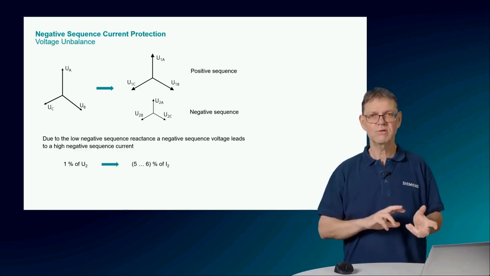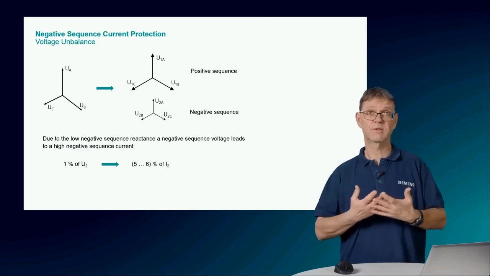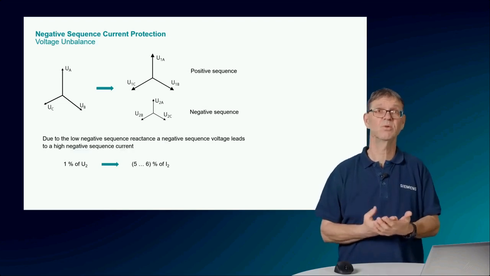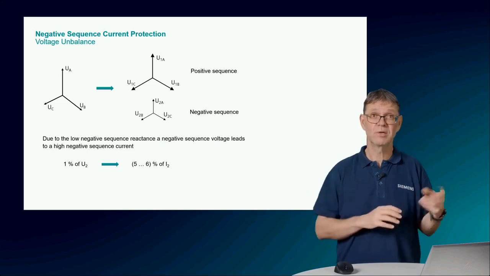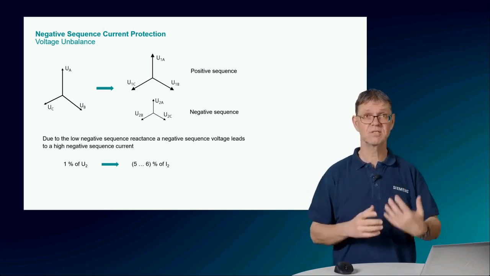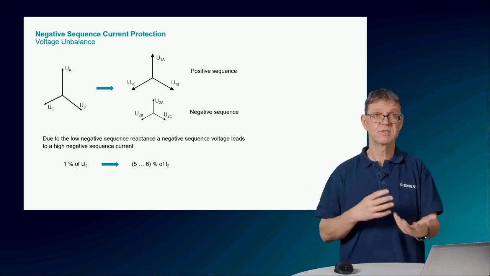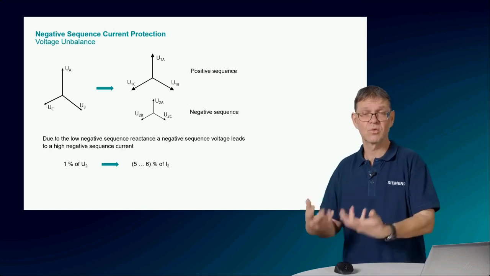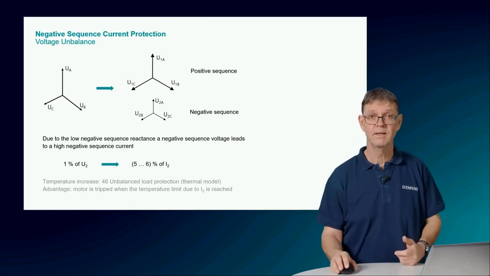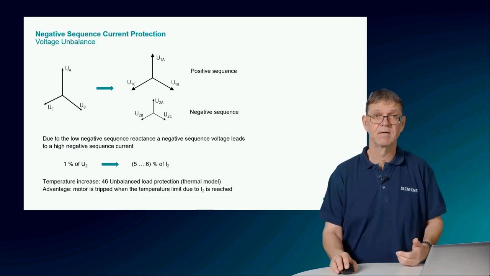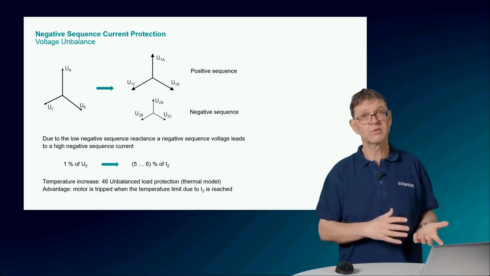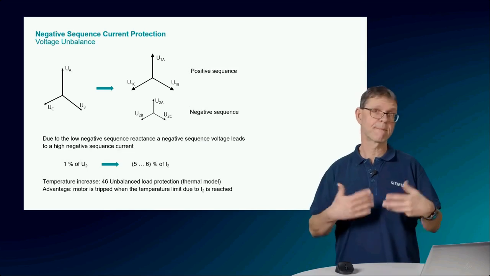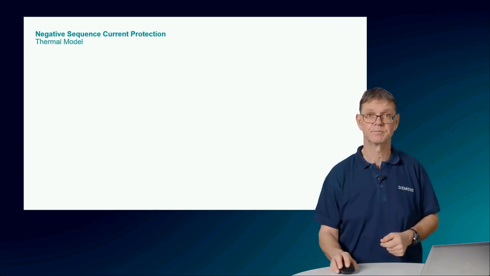Here we get smaller values, and here we work again with a thermal model behind, because we don't want to trip too fast and not too late. So we try to estimate also the effect we get from this negative sequence current on the rotor temperature. Therefore, it's called unbalanced load protection, because we have this thermal model behind.